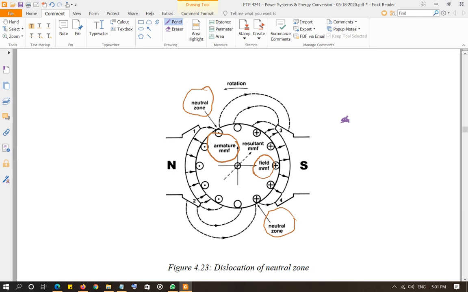So what is armature reaction? It is basically the shift of the neutral zone, along which you put your carbon brushes, to another plane due to the flow of current in the armature, which produces its own magnetic field.